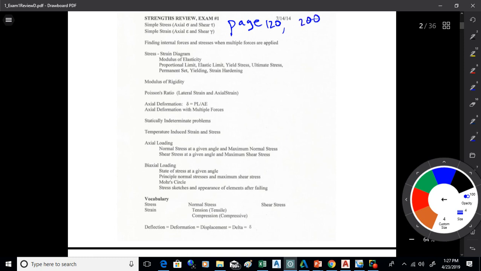Then we did finding the internal forces and stresses when multiple forces are applied. That was some of the first homework, where you make a cut inside, find the reaction, and then cut through the area you want to find.